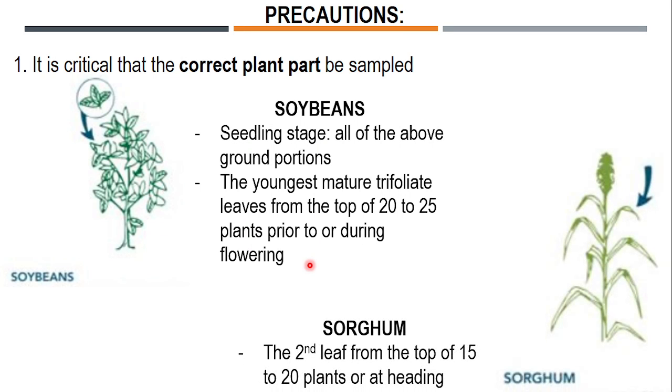Okay, kung crop naman natin ay sorghum, if it is mature, the second leaf from the top of 15 to 20 plants at heading is the plant part na nire-recommend for plant tissue analysis.